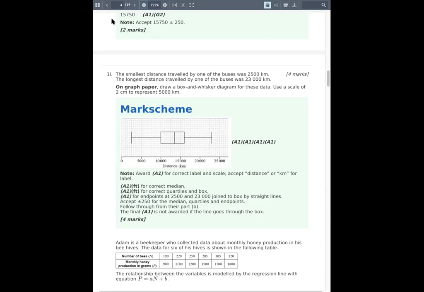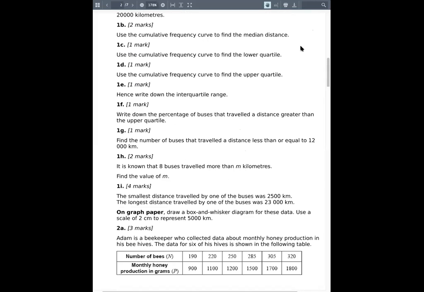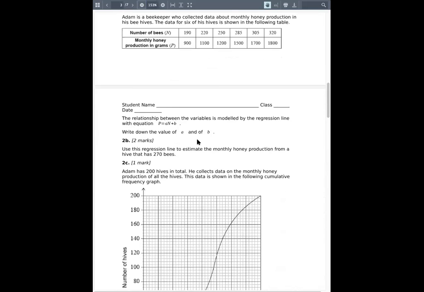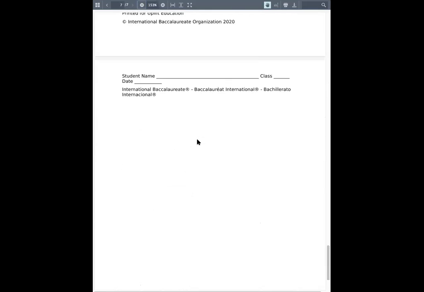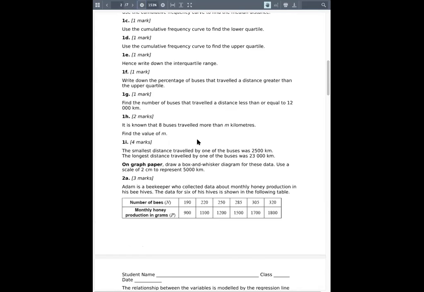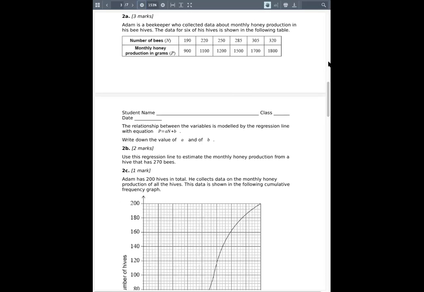Okay, I'm going to reshare the other screen. Okay, so if you're on 2A: Adam is a beekeeper who collected data about monthly honey production in his beehive.